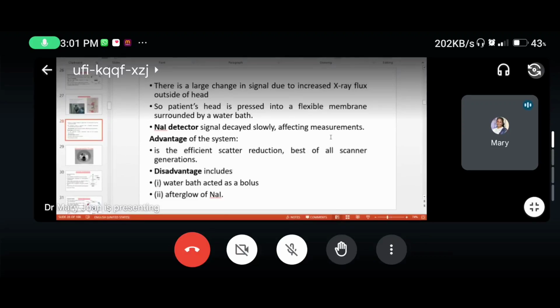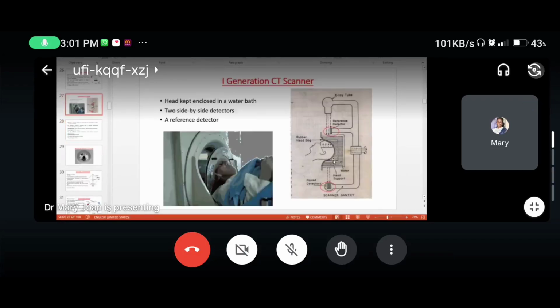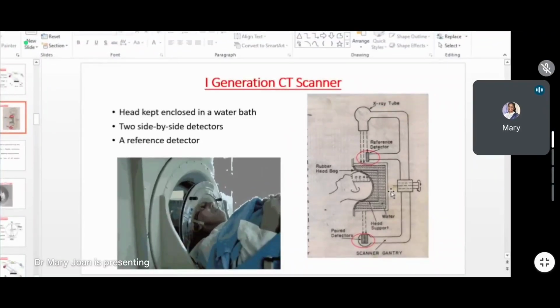This will not act like a filter because it is of tissue density, you know. Water is tissue equivalent. So it will not act like a filter. Filter will be aluminum, like low atomic number, low density materials, but not as low as soft tissue. So it is aluminum or copper. This will not completely absorb the X-rays which are coming.